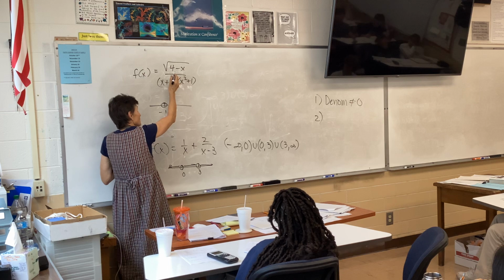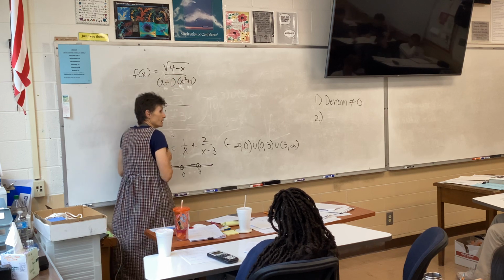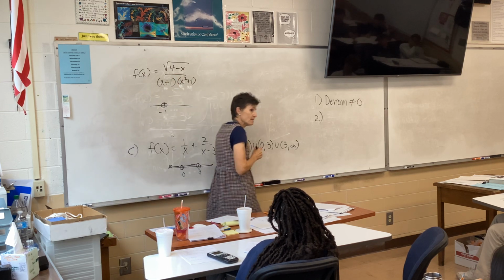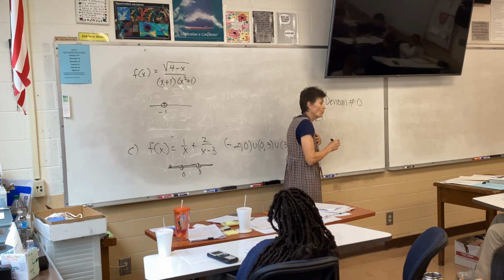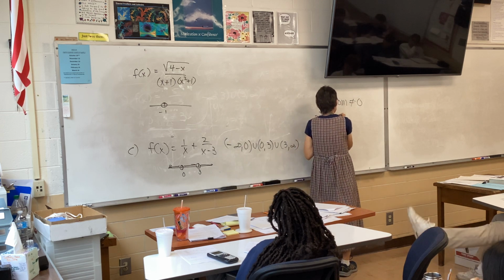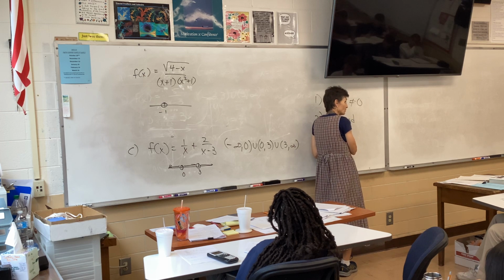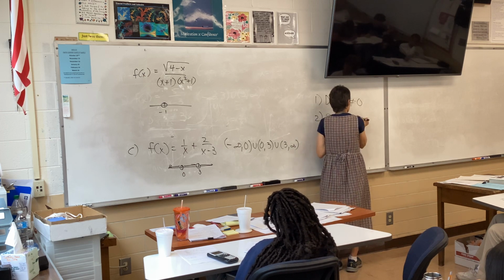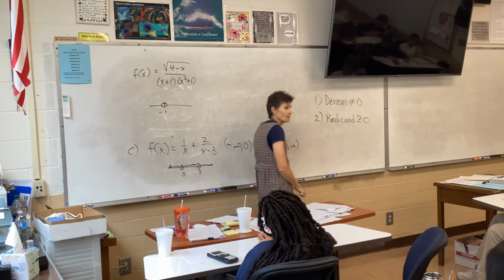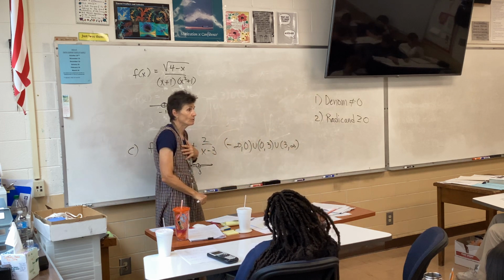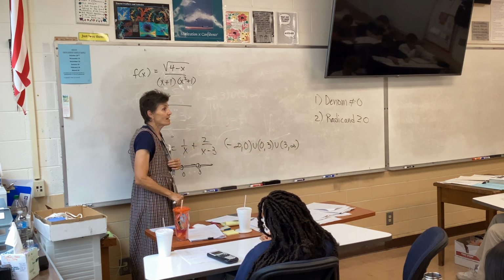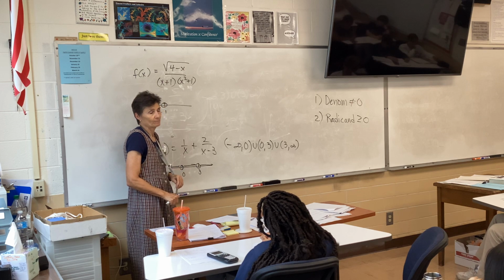We got issues up here though too, guys. Because we just said we're keeping everything real, which means your radicand, and the radicand is what's under the radical sign, must be greater than or equal to 0. That's another domain breaker.